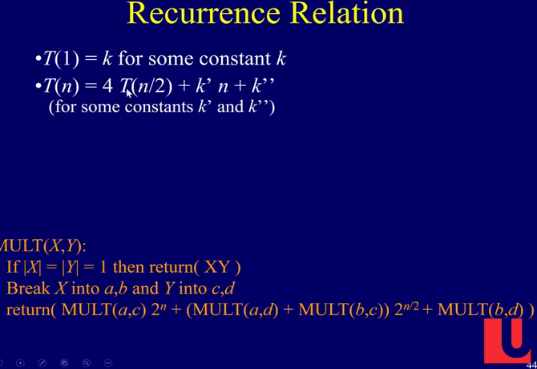If it takes me this much time with n digits, it takes my friend this much time with n over 2 digits. But I have 4 friends. And then I personally have to add and shift, and that's going to take me some amount of time. Everybody buy that? So this is our recurrence relation.